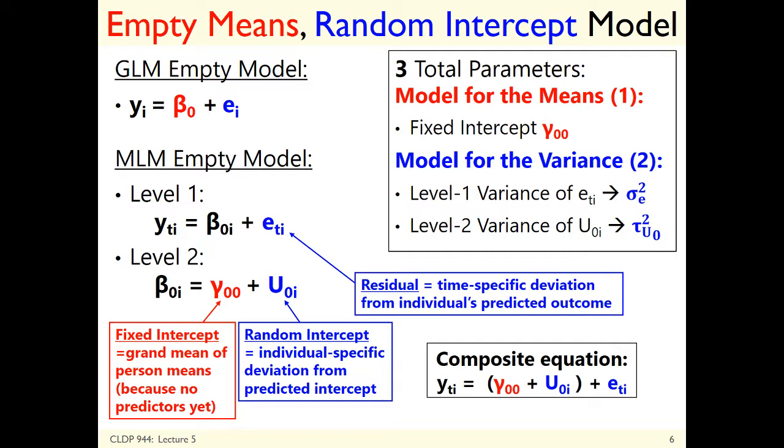This is now a placeholder for how each person gets their own mean, their own random intercept. Beta 0i is itself an outcome at level 2. It is not an estimated parameter.